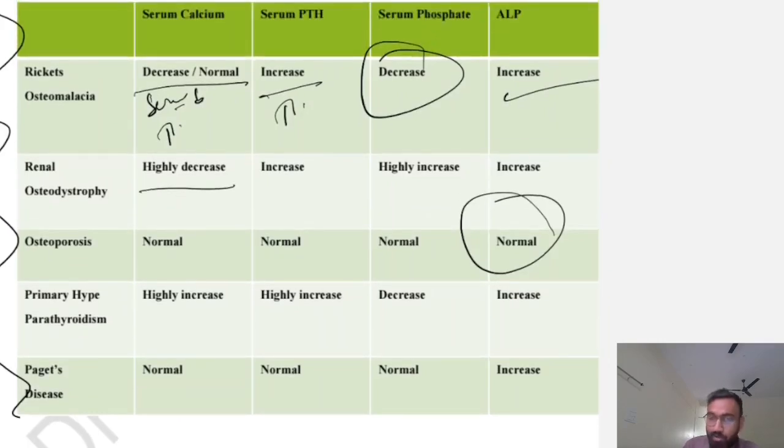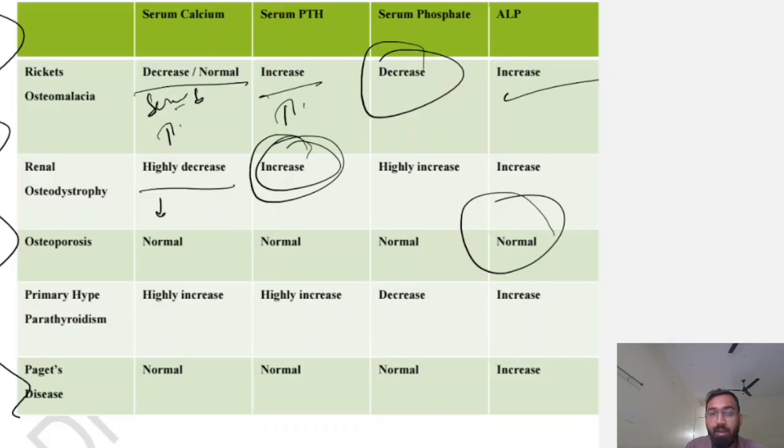Now, renal osteodystrophy occurs in chronic kidney disease. In chronic kidney disease, renal function is impaired, so calcium level in blood is decreased. So it increases the PTH level. Now you will ask why?